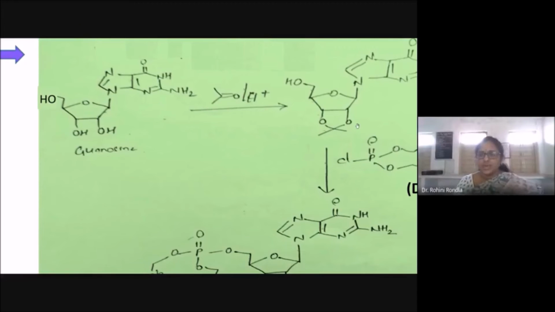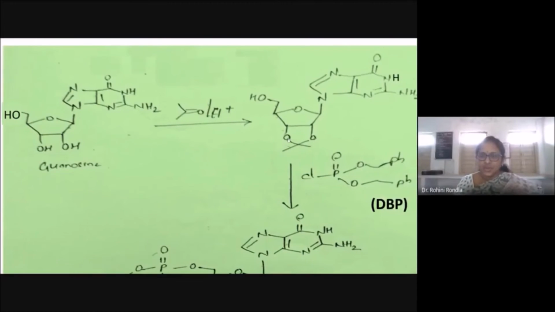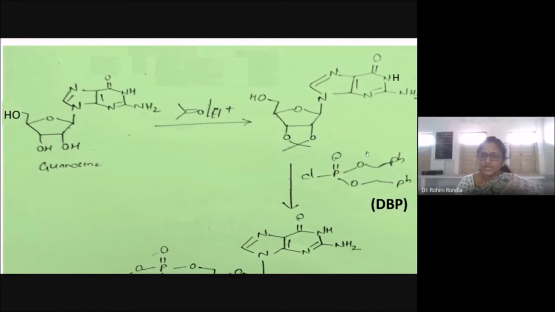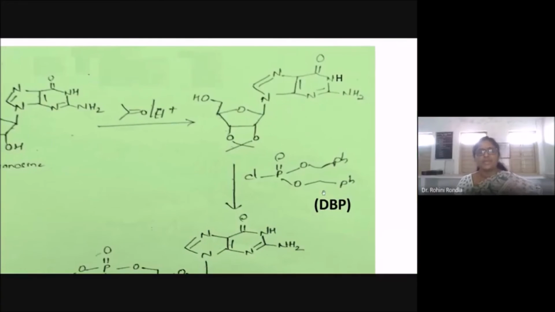Acetone, acid medium. And we will get cyclic structures. These OH groups are protected with this methylene bond, and this compound is called acetonide. These OH groups are protected, an acetonide derivative. Now here is our actual point. Here we are not adding POCl3. What have we taken? DBP.